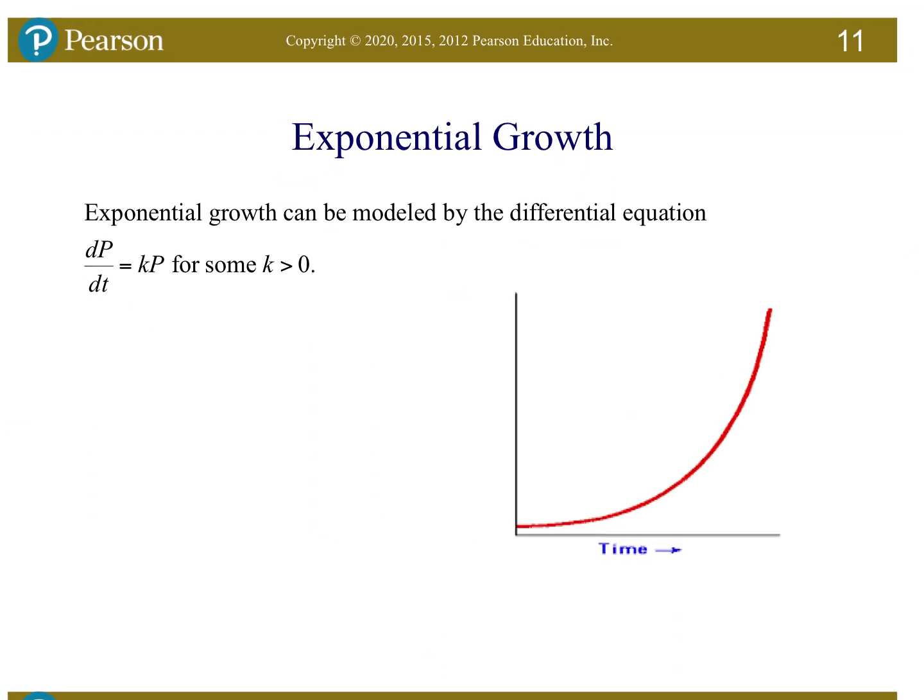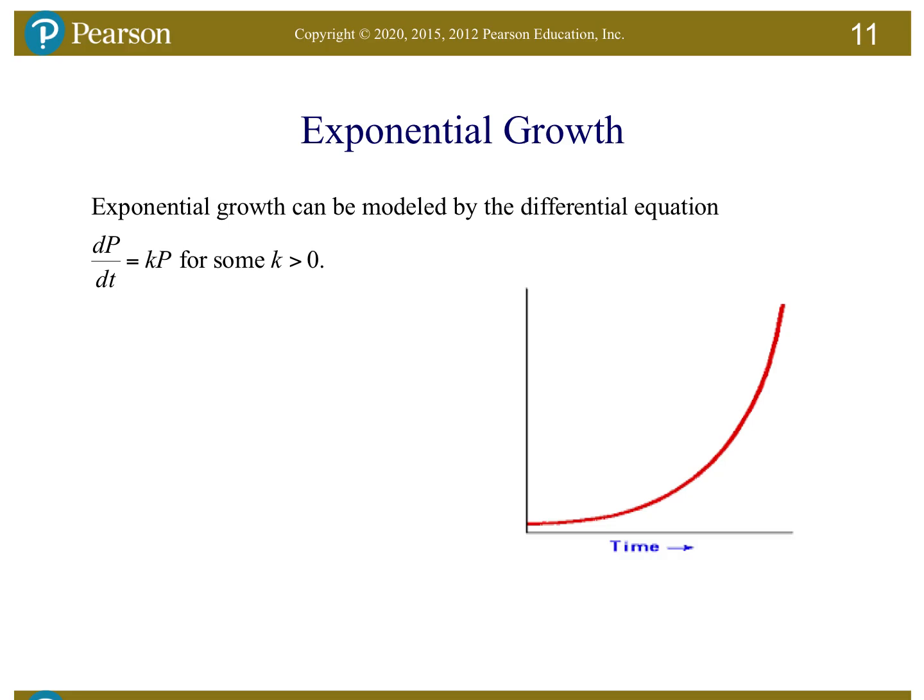So here we go. Here's exponential growth. Exponential growth comes from a calculus model. This is the calculus model right here: dP over dt is equal to kP. dP over dt is a rate. We should be very familiar with that.